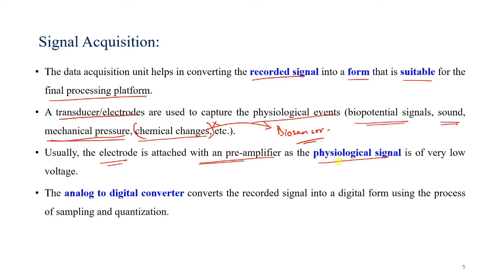So to amplify the signal so that we can process it reliably in the digital domain, we need the preamplifiers. After amplifying it, we use the analog to digital converter, which performs sampling and quantization to convert the signal into a digital signal.